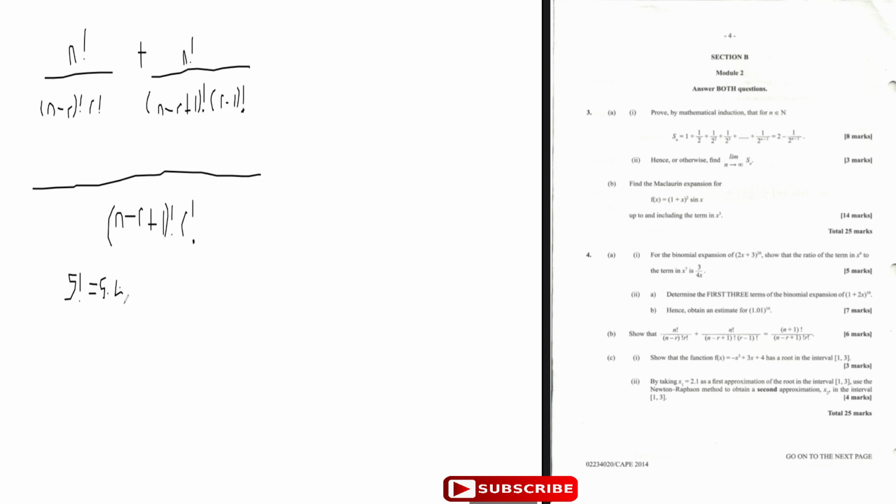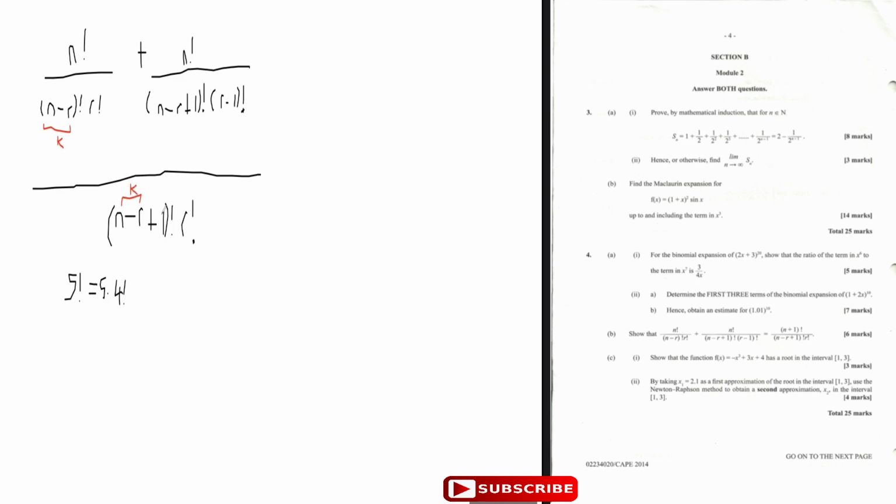So the same way, think of n minus r factorial as k. So it's like you have k factorial and a k plus 1 factorial.